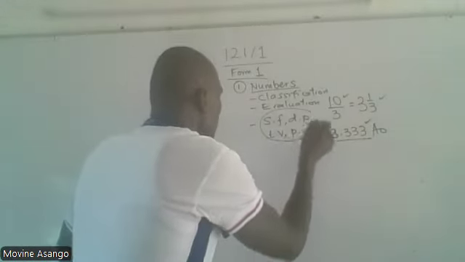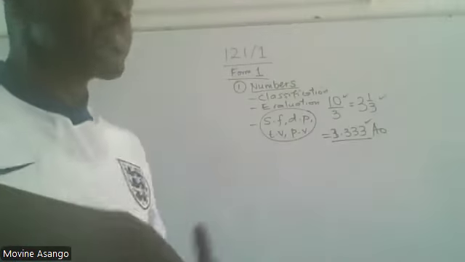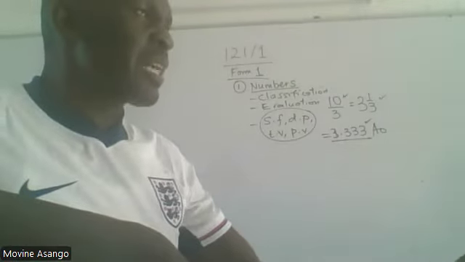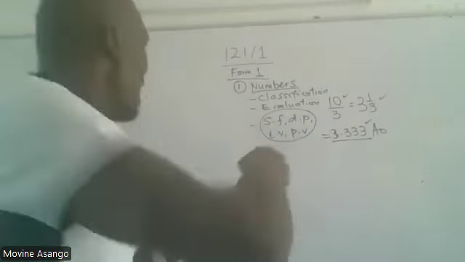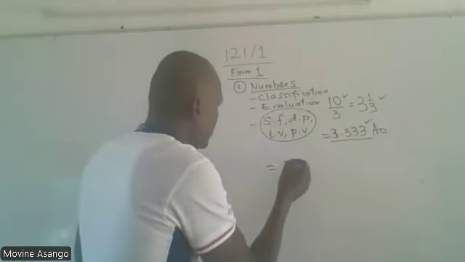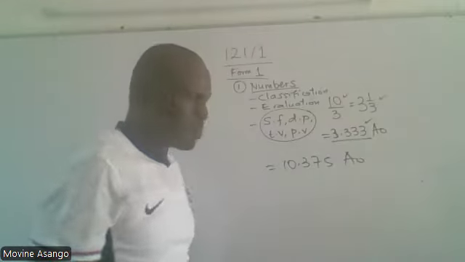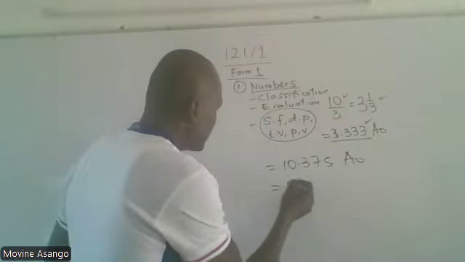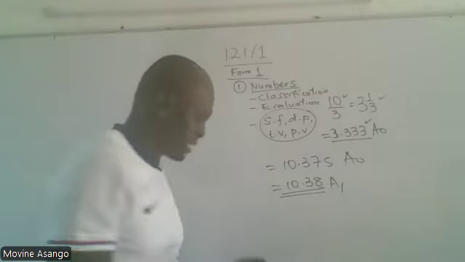Normally, these are called accuracy marks. For example, you are told, evaluate, giving your answer correct to 2 decimal places. If the answer, for example, has been 10.375, you'll get A0. But if you go ahead and say this is 10.38, correct to 2 decimal places, now you'll get A1.